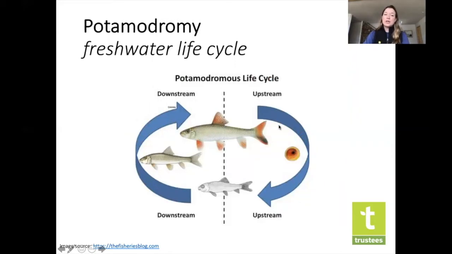Often these fish, like trout, river trout or brook trout, will be moving from one part or one environment of its freshwater area to another. And it could be an upstream environment that's going to be more protected for its eggs when it goes to spawn or something like that. So we have potamodromy, the freshwater life cycle for fish migration.